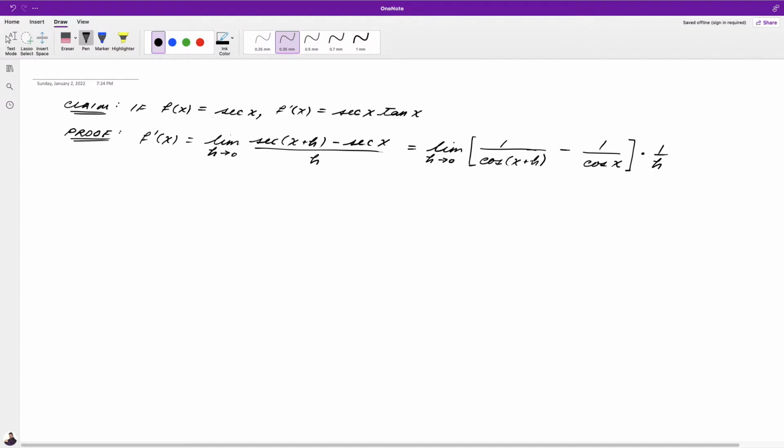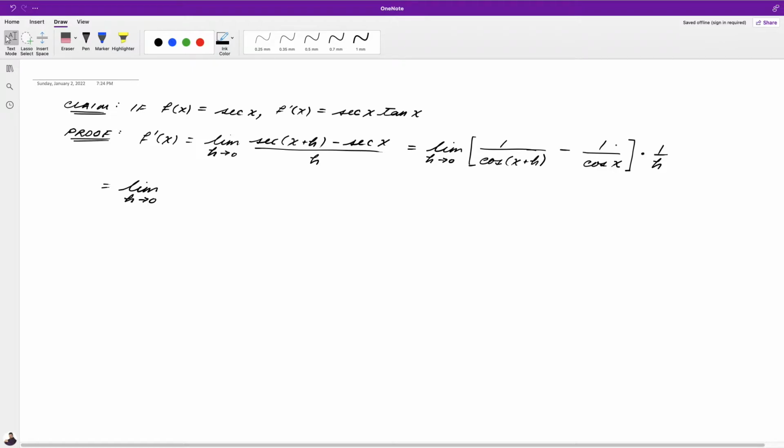Let's find a common denominator here. That would seem to be a good way forward. So we're going to have equals the limit as h trends to 0. Now I'm going to need to multiply this top and bottom by cosine x and multiply this top and bottom by the cosine of x plus h. And then I'm going to have that common denominator of cosine x times cosine of x plus h.